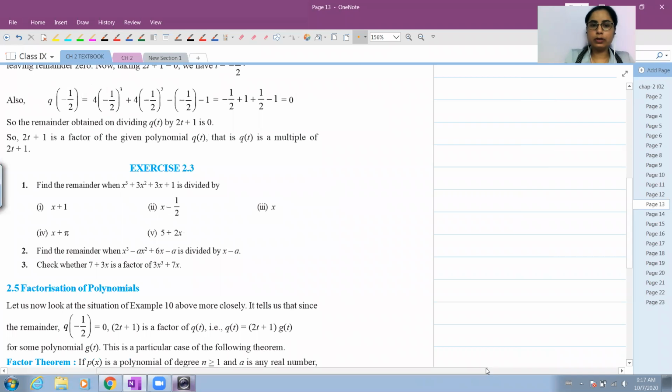So I'm just going to do it on a side here. This is page number 40 in your textbooks. So question number 1, I'm going to represent my dividend by p(x).